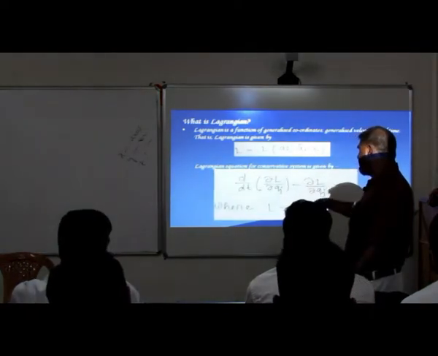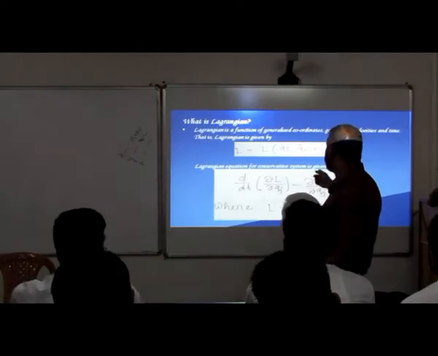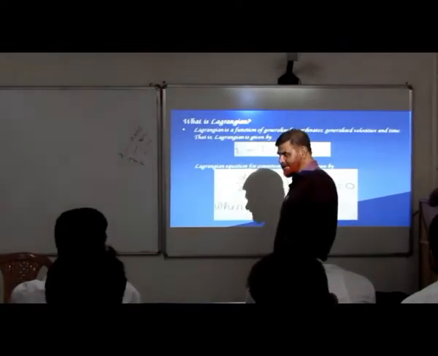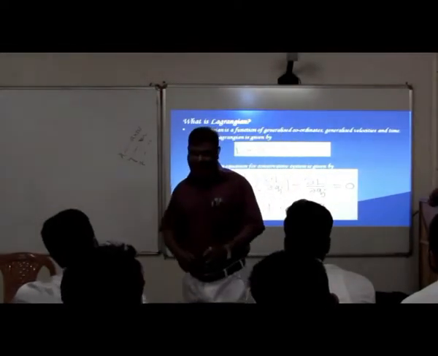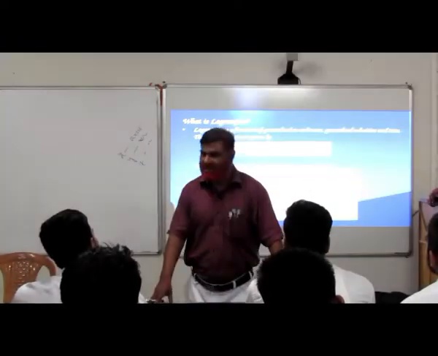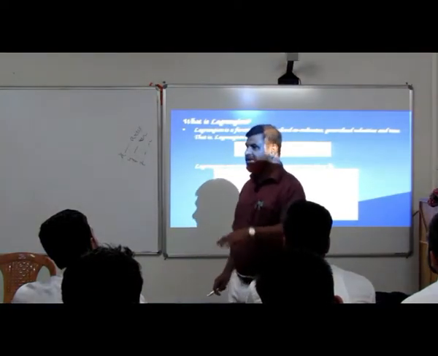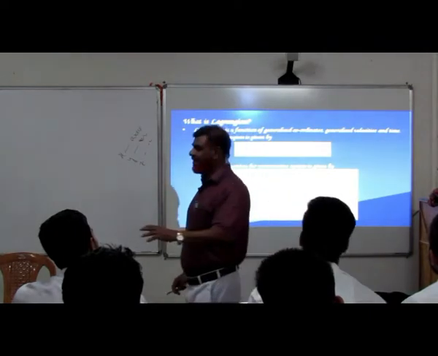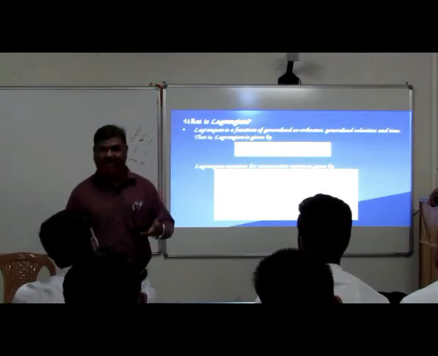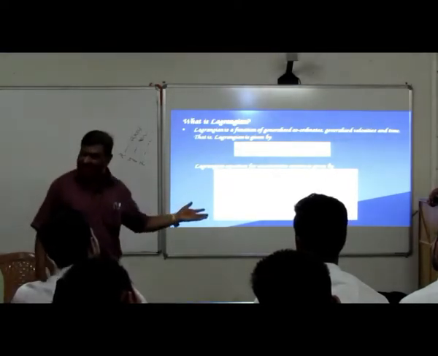From the concept of the Lagrangian, we can deduce the Lagrange equation for a conservative system as given by this. And this equation is actually deduced from the concept of D'Alembert's principle. D'Alembert's principle also involves virtual displacement and virtual work done. In terms of virtual work done, we are able to find the expression for D'Alembert's principle.